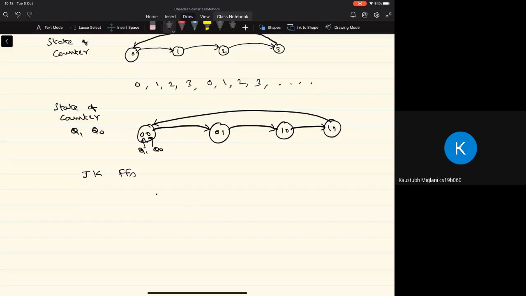So in this case, we require 2 flip-flops. So let's say this is the 0th flip-flop. That is, it will have inputs called J0 and K0, and its outputs are denoted by Q0 and Q0 complement, and it will have the clock signal.